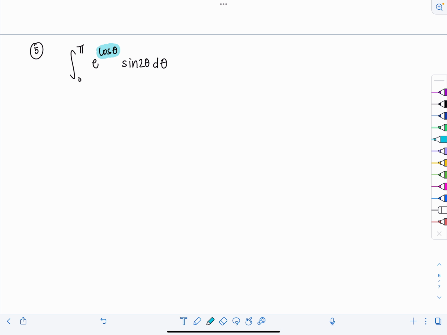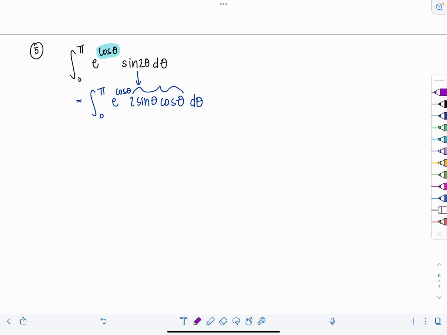But we can fix it because I remember my double angle identities, don't you? Sine 2 theta is 2 sine theta cosine theta. Ooh, okay. So now let's rewrite the original: 0 to pi, e to the cosine theta, 2 sine theta cosine theta, d theta. All right, cool. Here's my sine 2 theta.